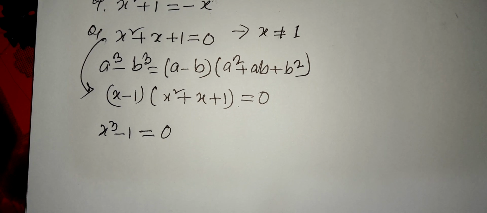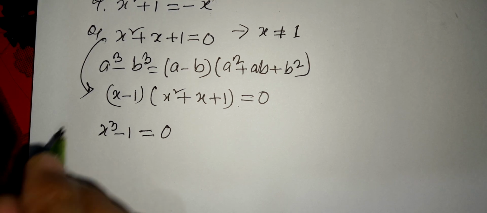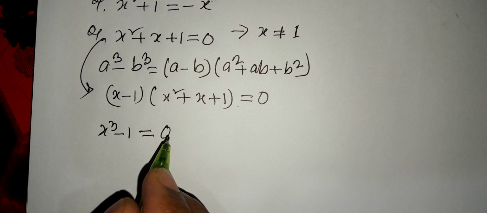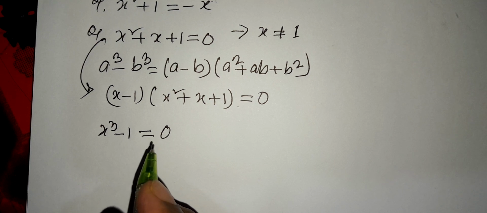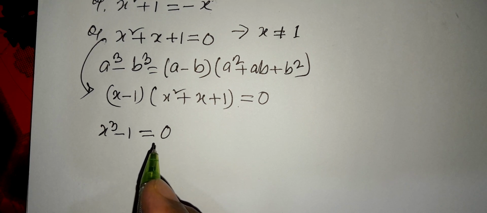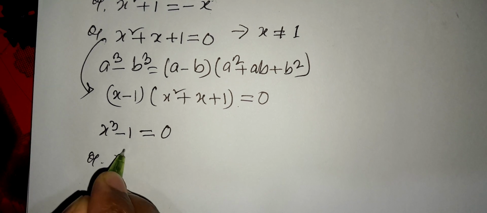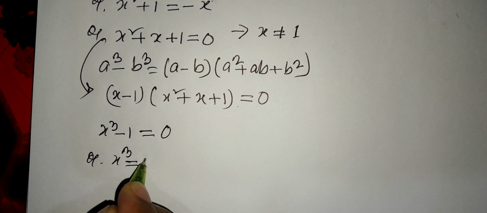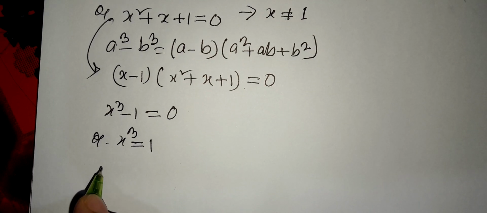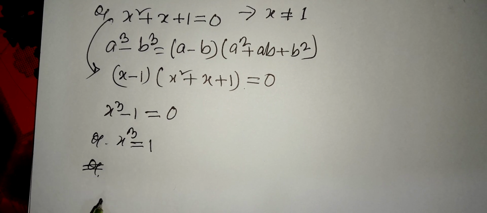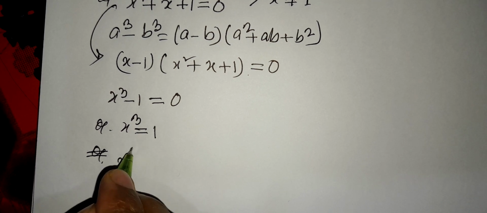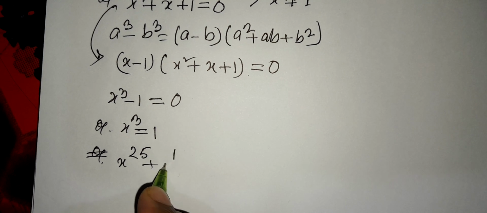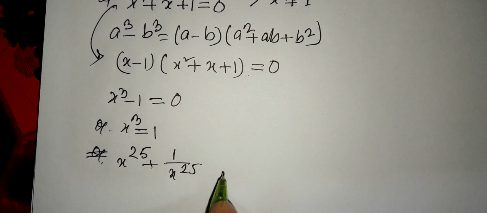So we get x cube equal to 1. Then we have x to the power 25 plus 1 by x to the power 25.